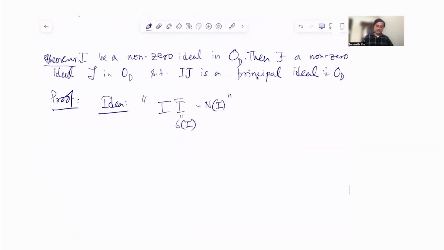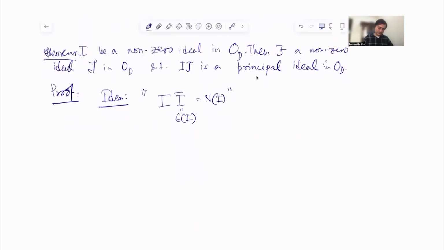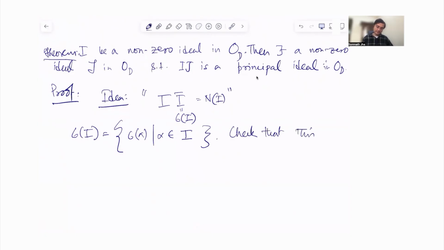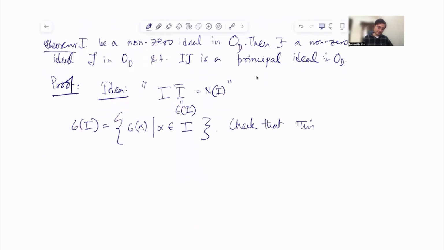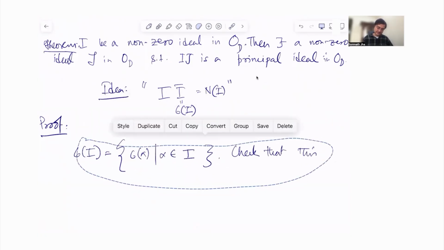Formally, you define sigma(I) to be the set of sigma(alpha), where alpha belongs to I. First of all, let's check that this is an ideal in O_D.